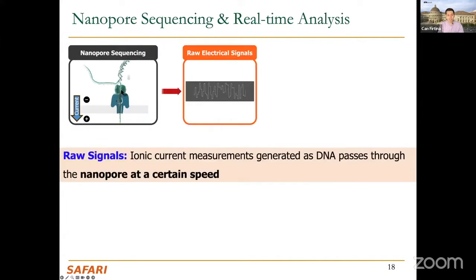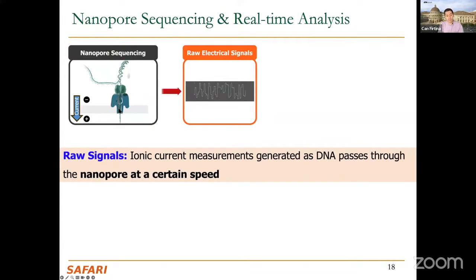As it moves, what nanopore sequencing does is that the ionic current changes are measured as it moves through this nanopore. These ionic current measurements are significant enough that we can tell what sort of nucleic base, or character, is being sequenced at a time.